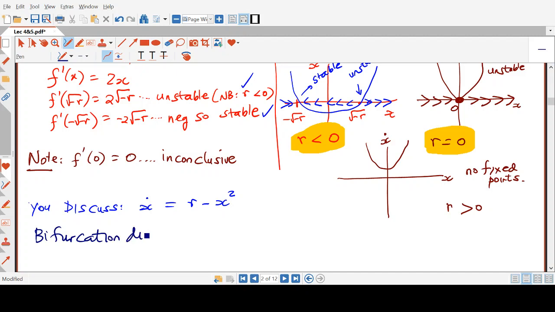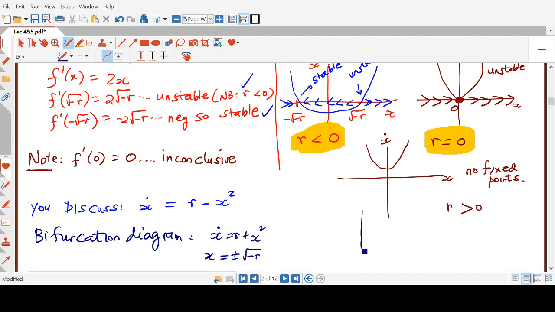Bifurcation diagram. So, this is like the x versus r. So far, we've got x dot versus x. But how does x behave with t? X versus t, rather. Or r, if you want, because r is a parameter. It's changing with r. So, let's take x dot equals r plus x squared. So we found that the roots were plus minus square root of minus r.